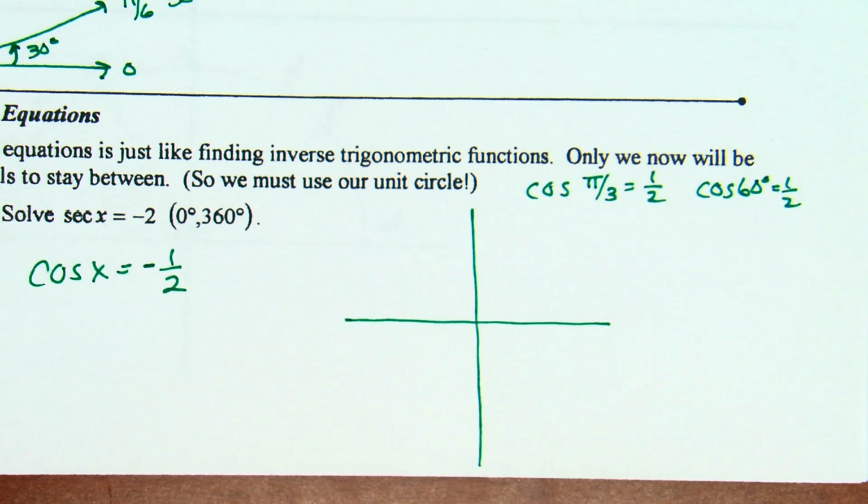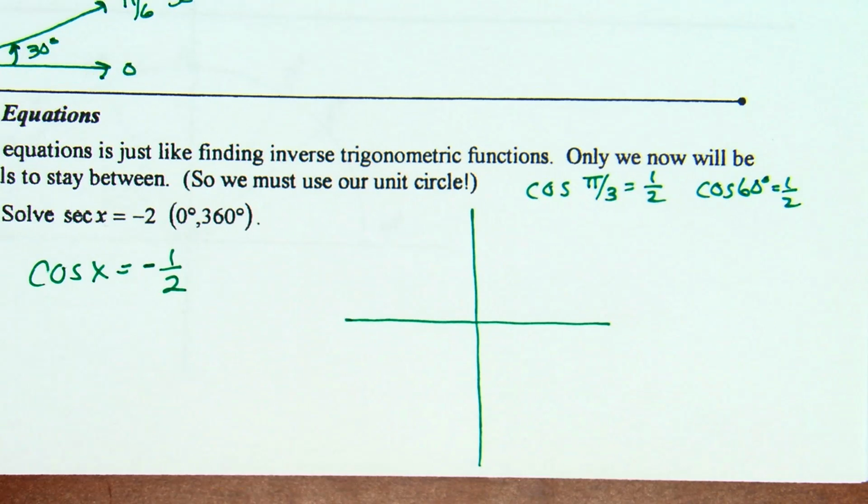Actually, this particular problem, we want to answer in degrees, yes? Because it says secant x equals -2 on the interval 0 to 360. I want degree answers. Where are we going to find these answers?